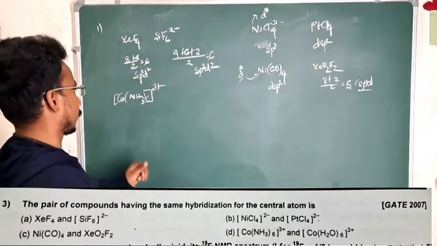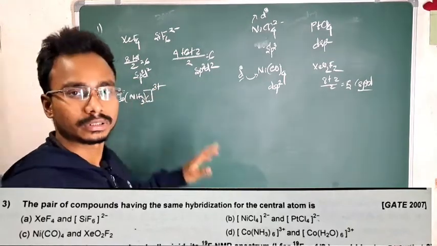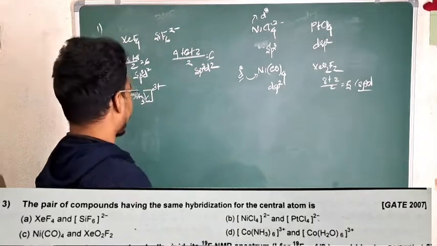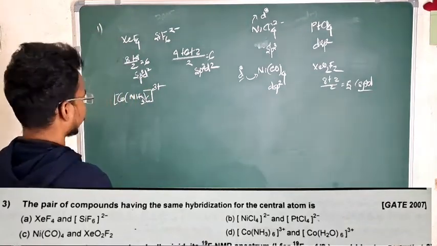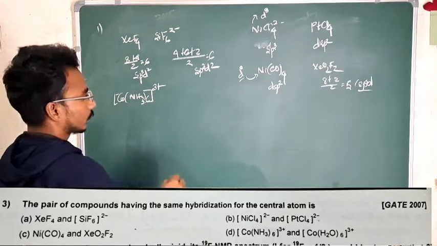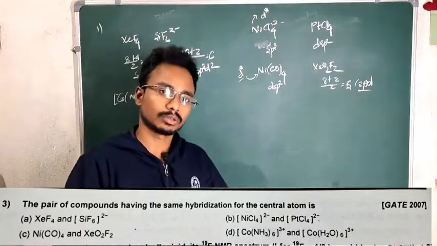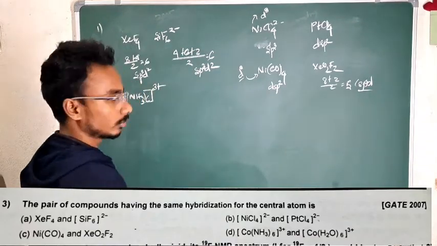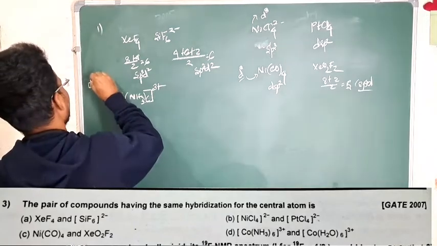Last one, Co(NH3)6 3 plus. As you know, Co3+ means it is a low spin complex, except every Co3+ complex is a low spin complex except CoF6 3 minus.